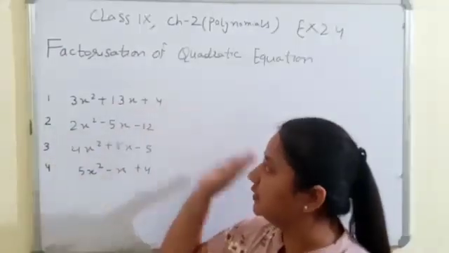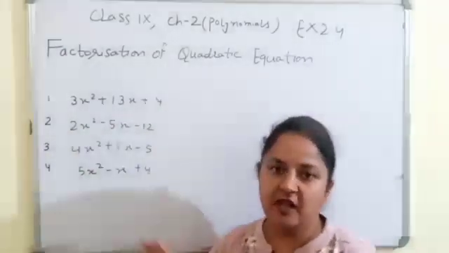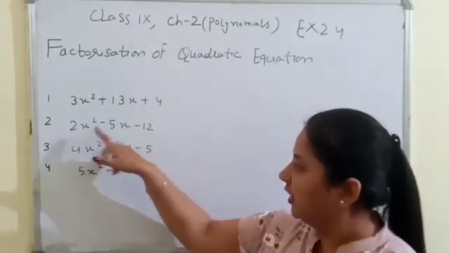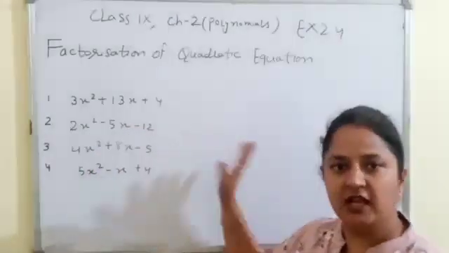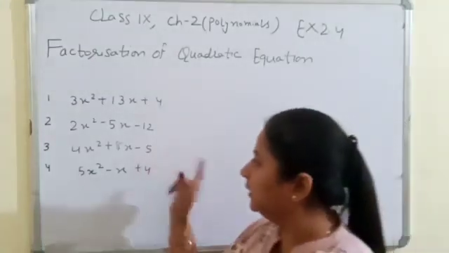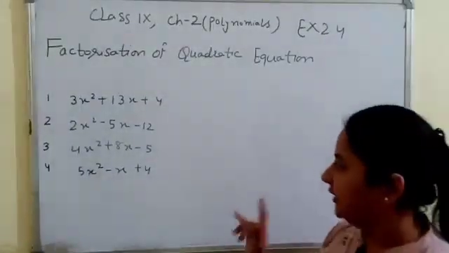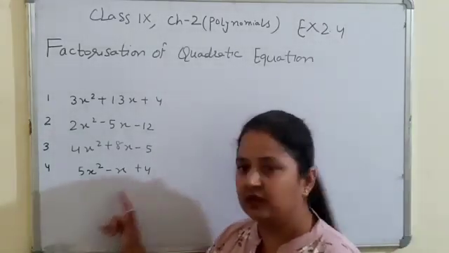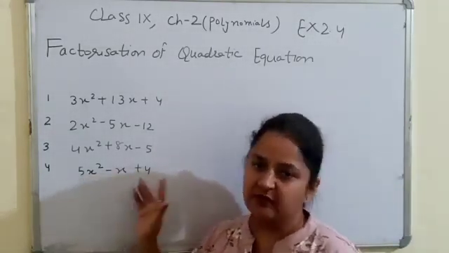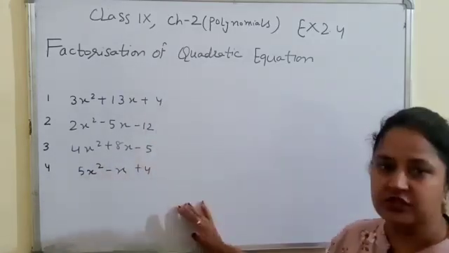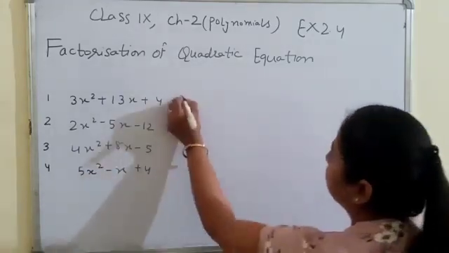In the first equation all 3 terms have positive values, and in the second equation except the first term, the last 2 terms have the negative sign, and in the third problem only the constant term has the negative sign, and in the fourth question the second term has the negative sign. So let's see how we can solve these 4 situations one by one.